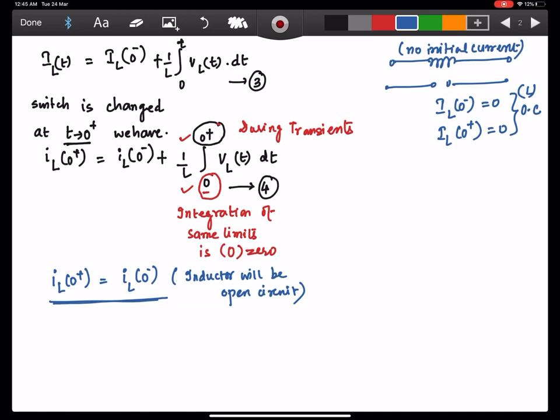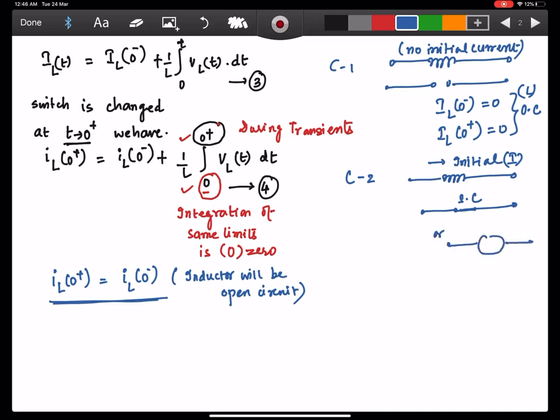Let us consider case number 2. In this, the inductor has some initial current, and this initial current is I. So at this particular point your inductor will behave as a short circuit, or behave as a current source.